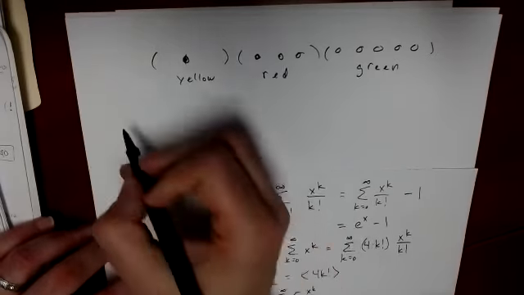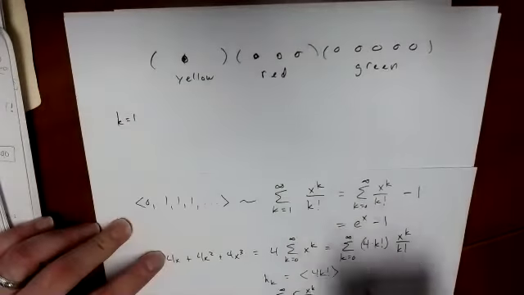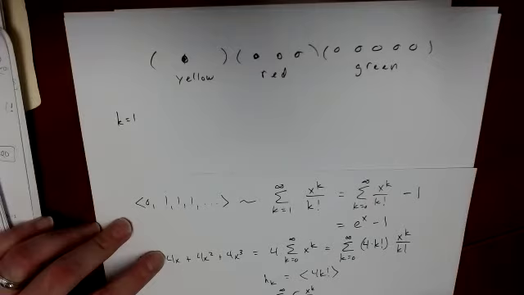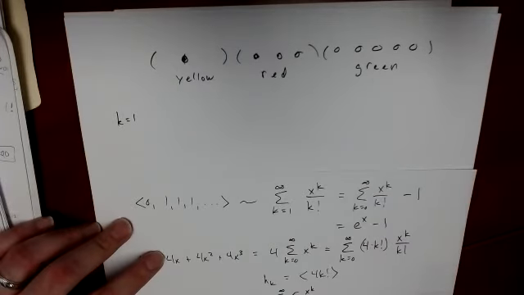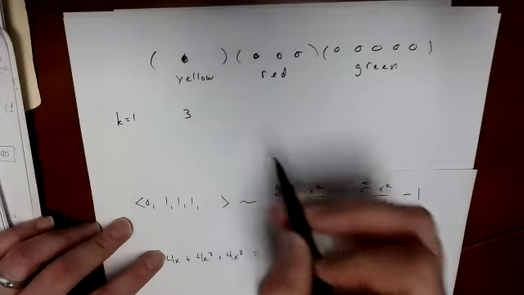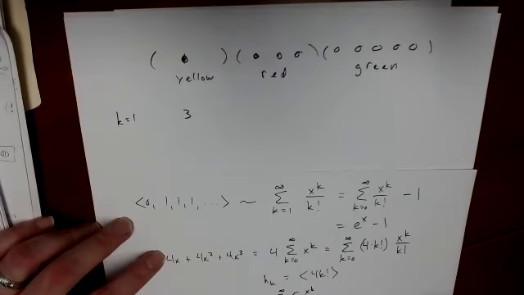So if K is 1, this is easy. Now, the yellow, red, and green are indistinguishable within a bag. So there are exactly 3 arrangements of one ball.